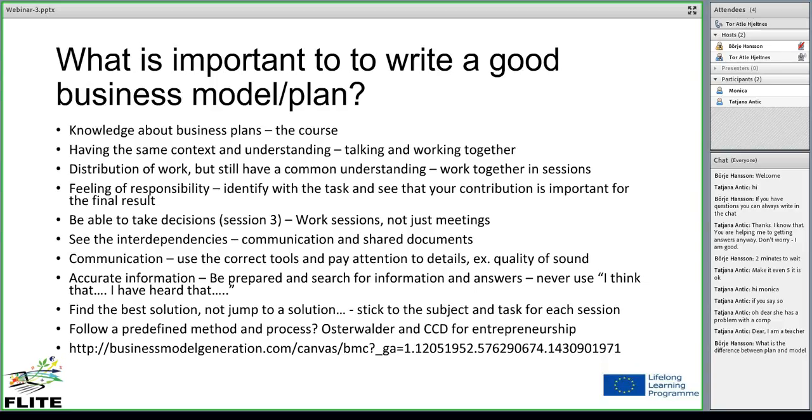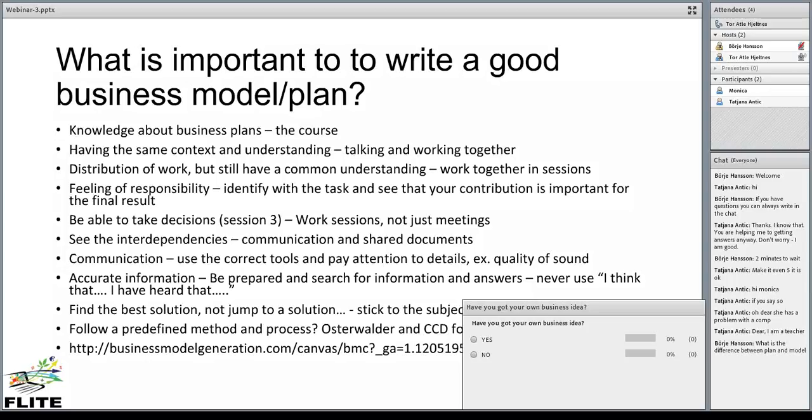And the way to achieve this is talking together and working together, because if you have a different view, a different understanding, and the context is very different for the people who participate in the work group, then it will be difficult to reach a result that is very good, at least.